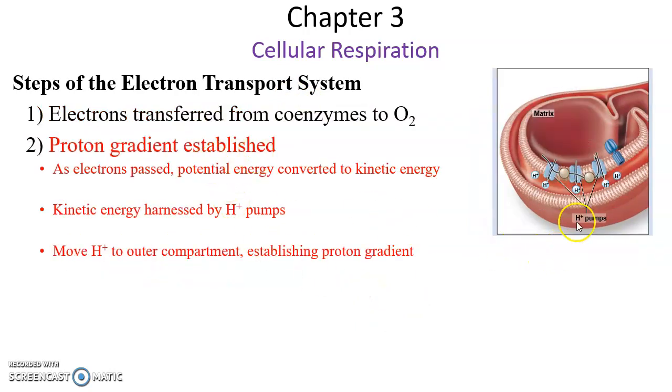A proton gradient is established. Again, those carrier proteins are going to form that proton gradient, hydrogen ion gradient, same thing. Electron energy will be used as kinetic energy to pump the hydrogen ions, or protons, out, forming the gradient.